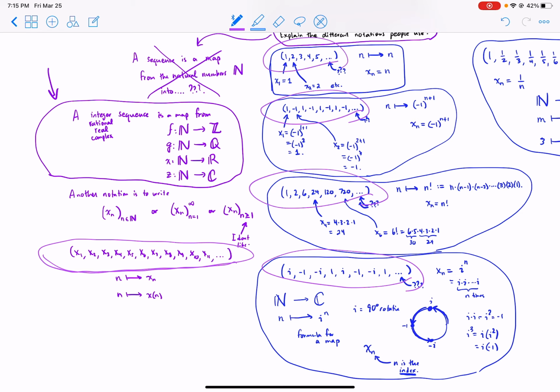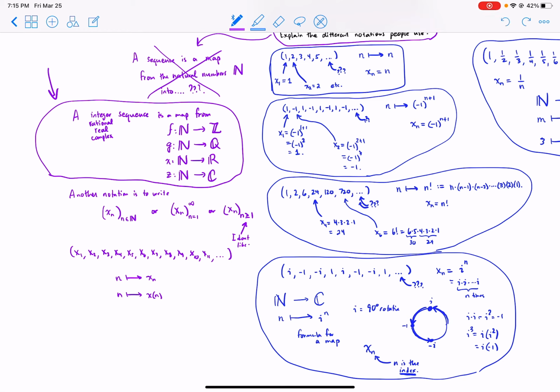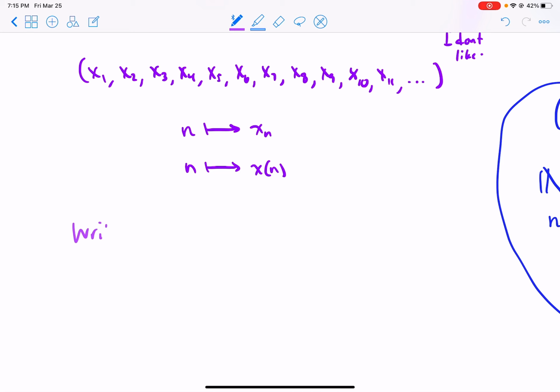I sort of wrote out the beginning of a list. So one notation is to write out the first few elements of the sequence. That's one notation that people use.